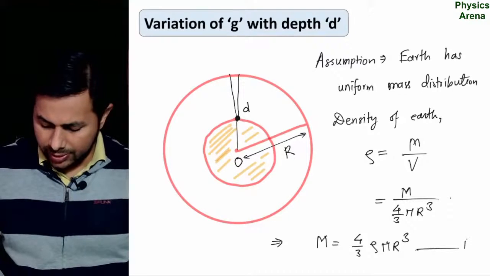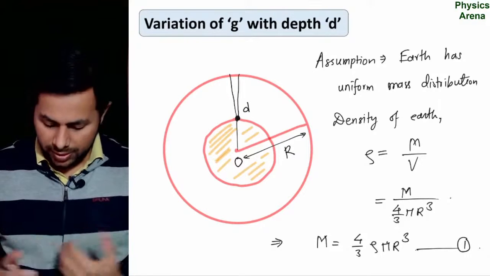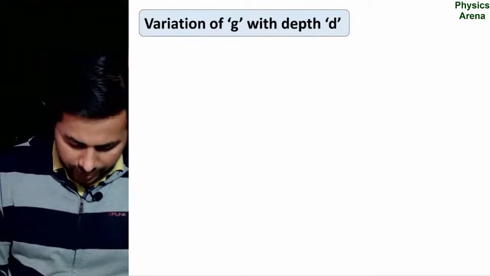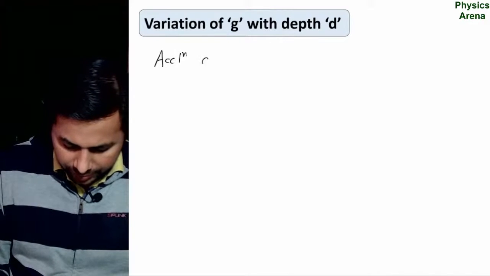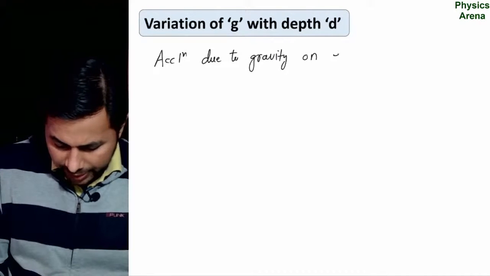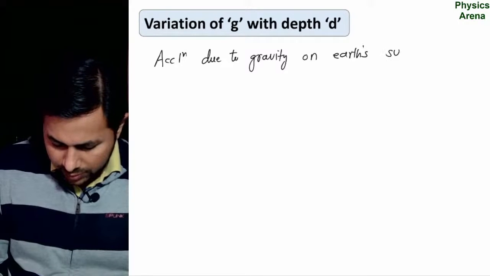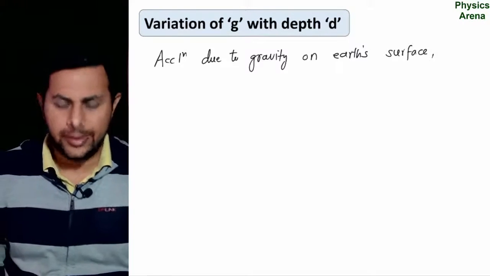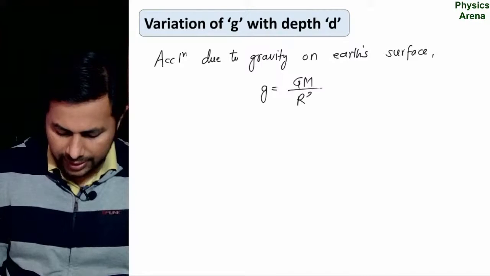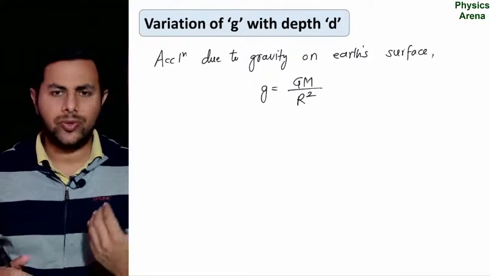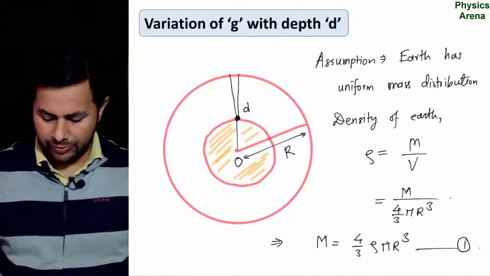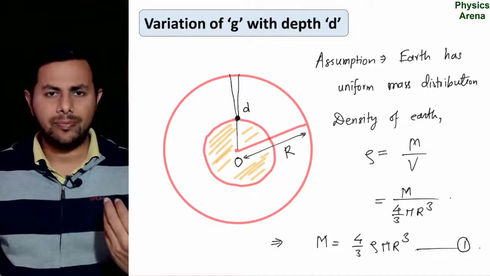Let's call this equation number 1. Then what is acceleration due to gravity due to Earth? Acceleration due to gravity on Earth's surface has a formula g equals GM over r squared. Now I will substitute this m from equation 1, which is 4 by 3 rho multiplied by pi r cube.